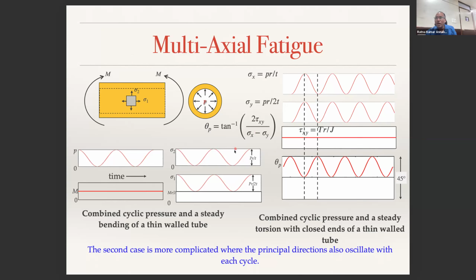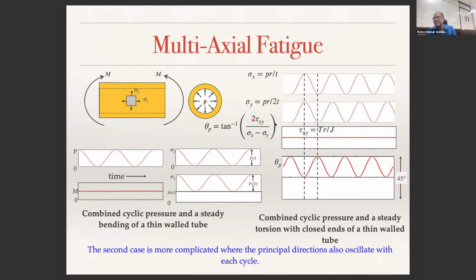Now coming to a scenario wherein you have a cyclic pressure, instead of combined steady bending, let us say you have a steady torsion. So you have PR by T, PR by 2T. In addition to that, you have a steady torsion. That gives you a shear stress. Because you have shear stress, your principal plane changes orientation.